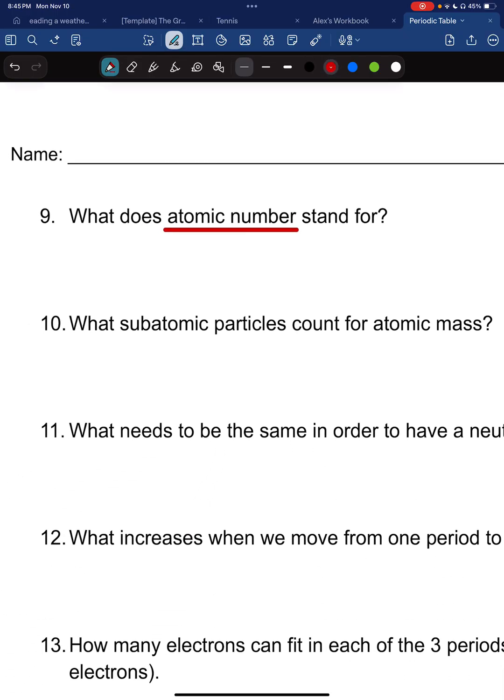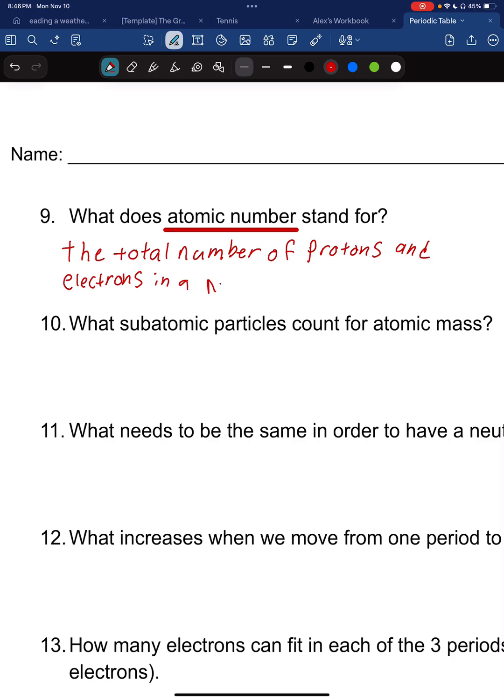The atomic number stands for the total number of protons and electrons in a neutral atom.